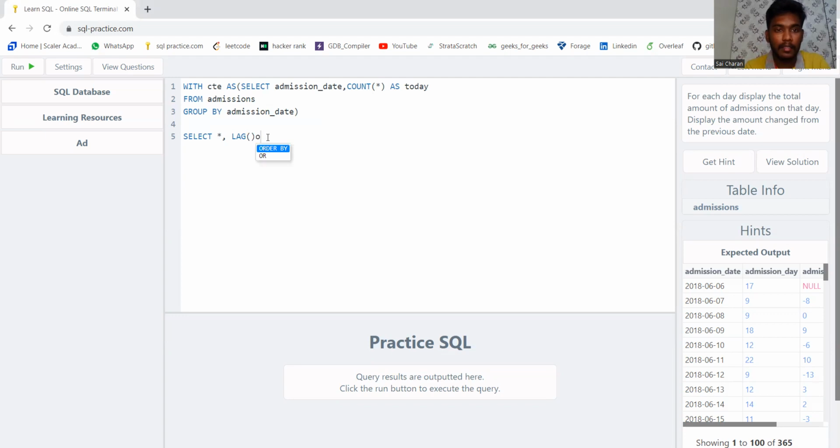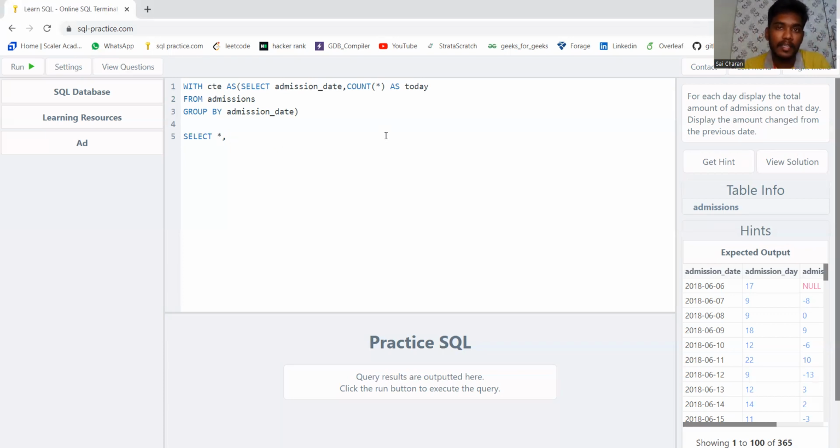Generally, a Windows function looks like this: some aggregation, then OVER, and then a PARTITION BY and ORDER BY clause. This is how a general Windows function looks.